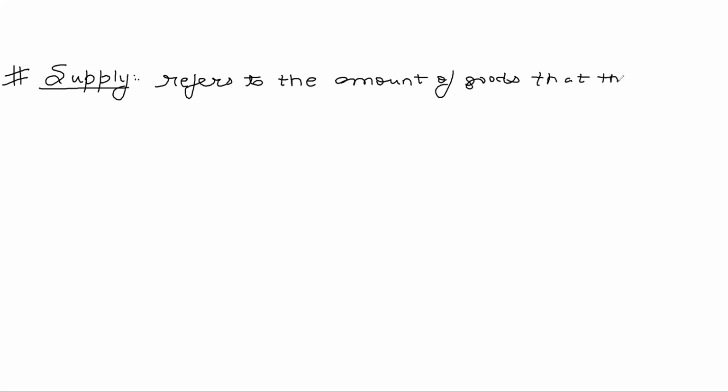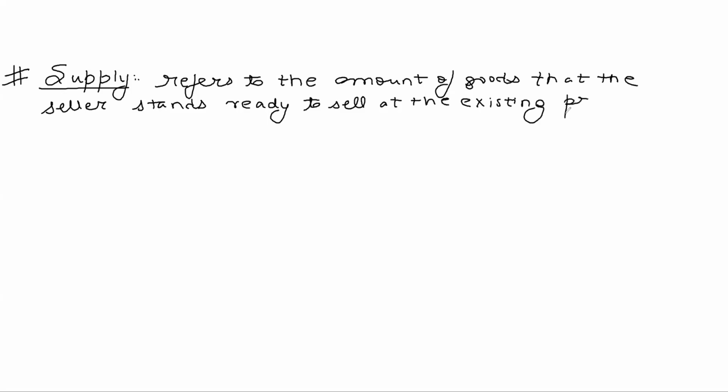So all students know what supply refers to? Supply refers to the amount of goods that the seller stands ready to sell at the existing prices at a given period of time.